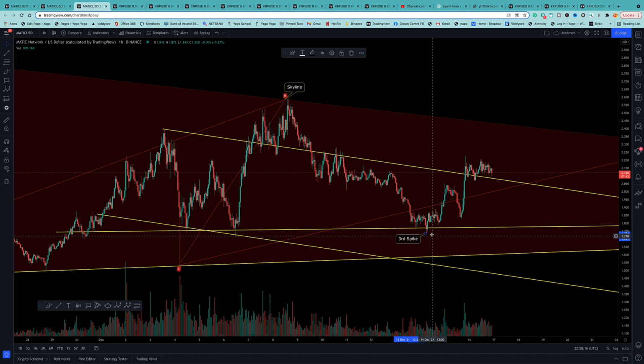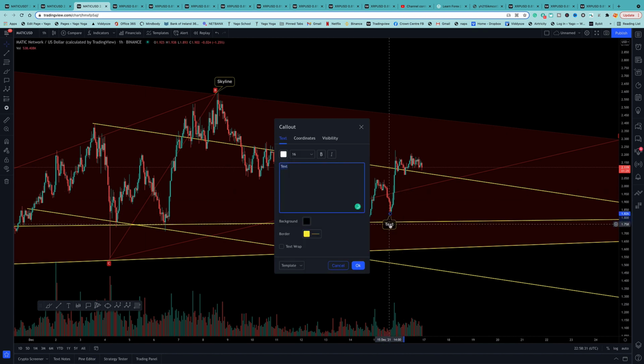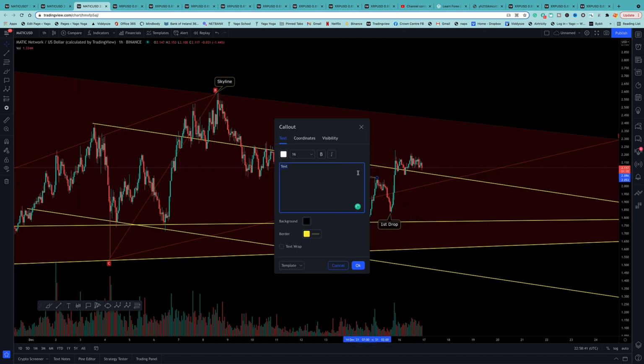Now when you get the spike, look, there's a lift here, and a double top. So double top, first drop. So now we have the first drop in as well, and we have the double top.